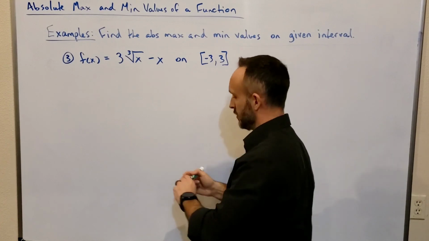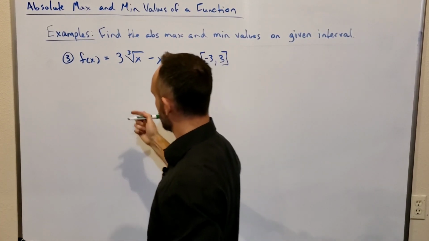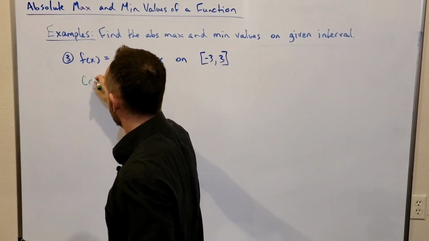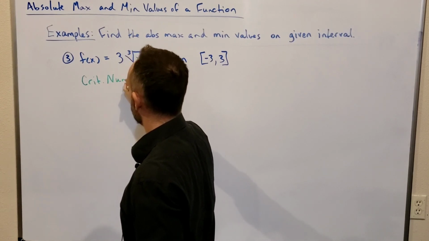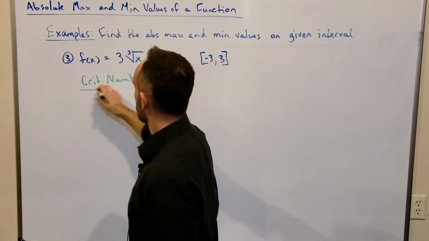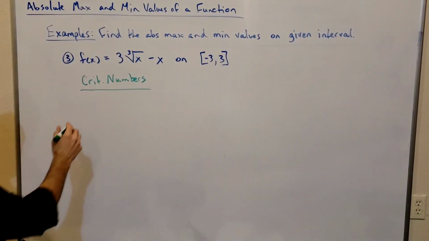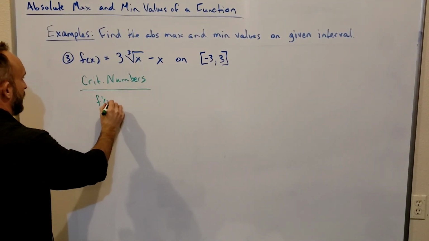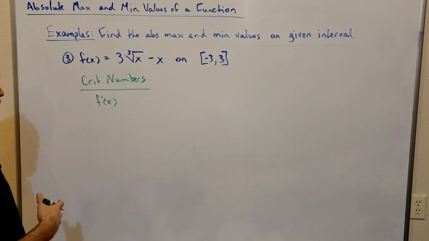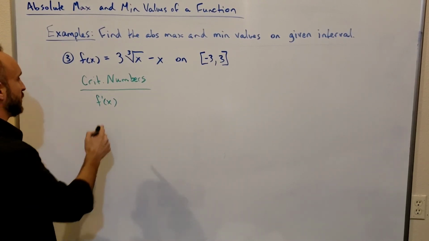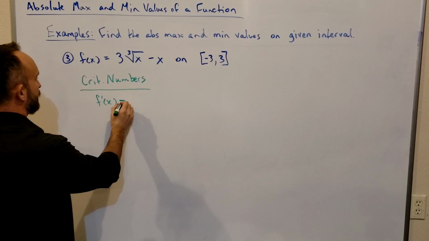If I want to do that, I need the critical numbers, of course. So I have to determine where f prime of x equals 0, where it's undefined or does not exist, but I need to know the derivative first.